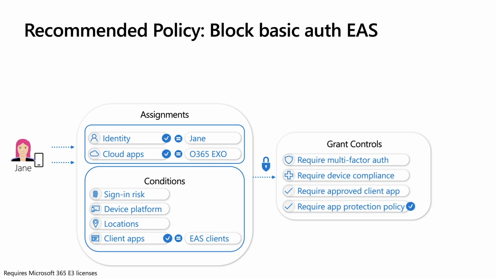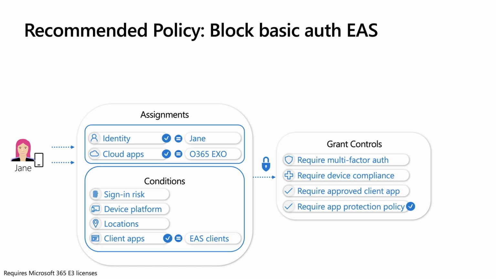We don't need to target any other specific conditions like device platform because we want to have this policy target all device platforms and prevent users from using ActiveSync, say, on a desktop class device, because on those devices, they should be using Outlook. Now, you may think this policy would be an outright block policy, but in fact, it's actually going to be an allow policy with the use of the require app protection policy grant access control.